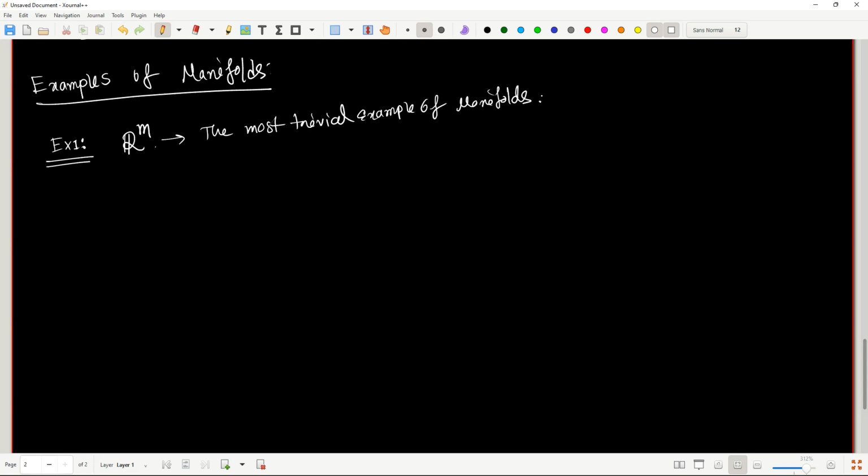Please note that we are only considering spaces with real numbers, so to say, we are only dealing with real manifolds for now. In m-dimensional Euclidean space, you can actually use a single chart to cover the whole space, and you can choose the homeomorphism to be the identity map.